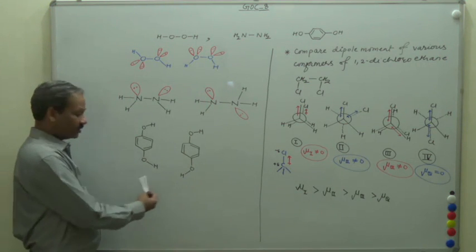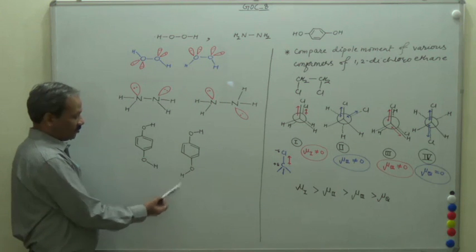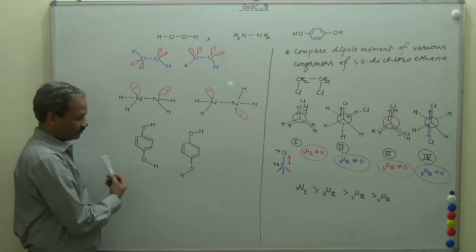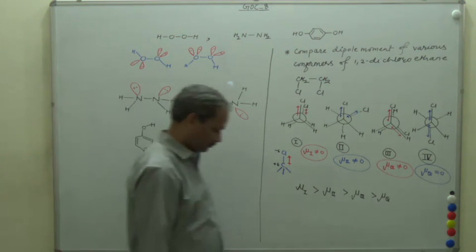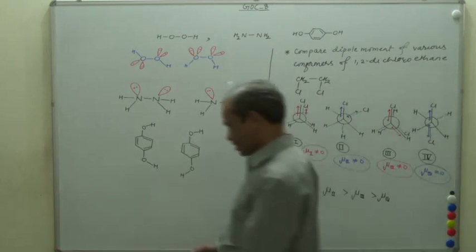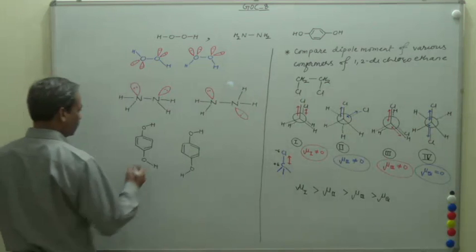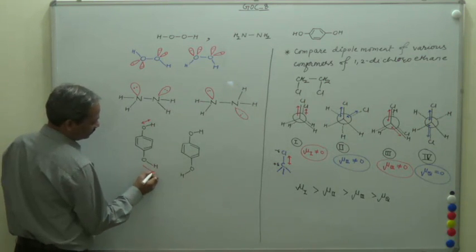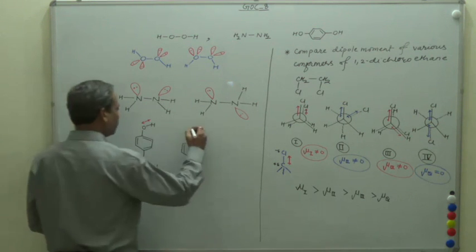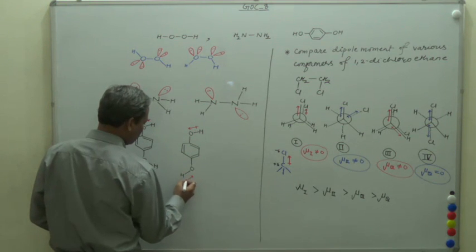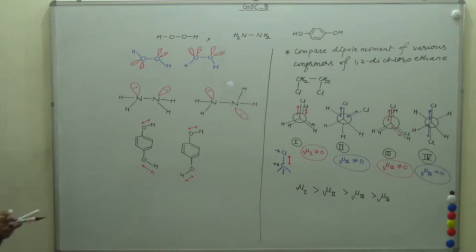For this 1,2-dihydroxybenzene, the dipole moment of this form is 0 and that of this form is non-zero. Because the dipole of this carbon-hydrogen bond will not cancel out, while here it will be cancelled out.